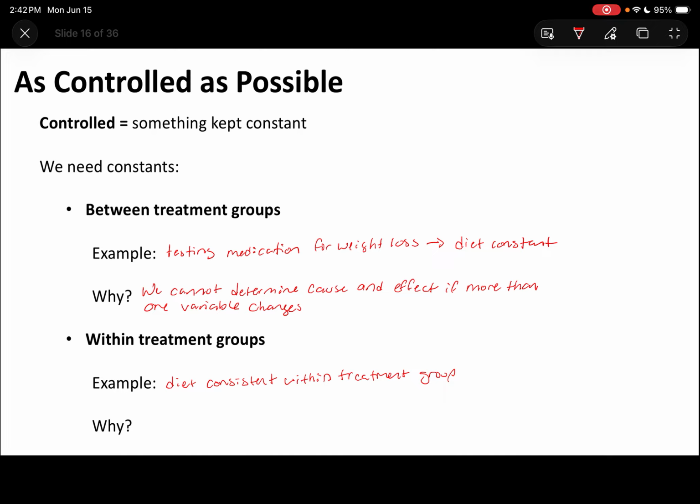When you are failing to control a variable, your variation of responses is going to go way up, and it's going to make it very difficult to determine if there are actually differences between treatment groups. So we could say a lack of controlled variables equals a lot of variation in responses.